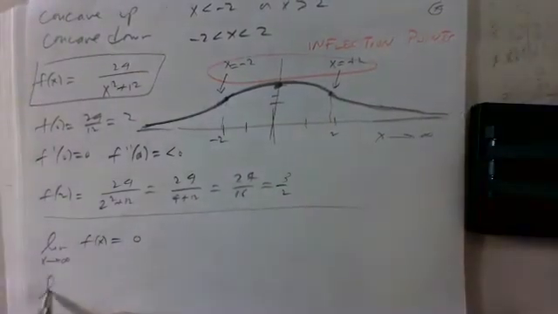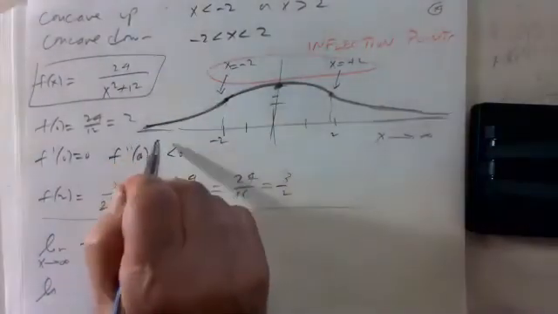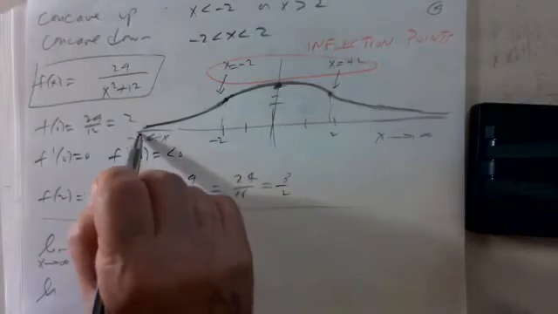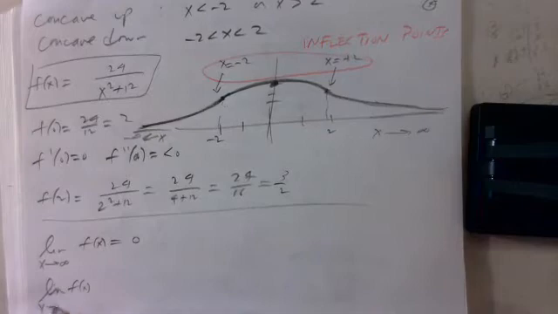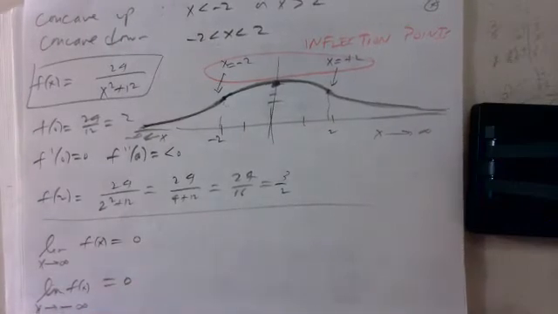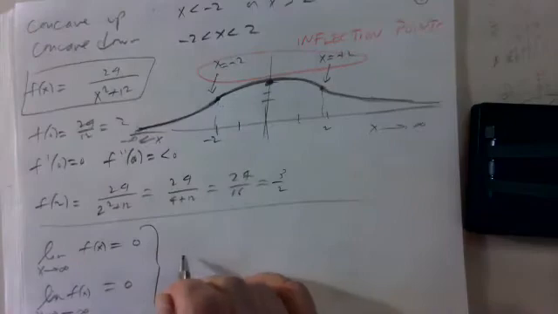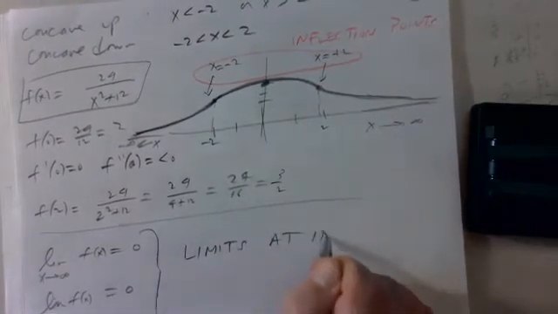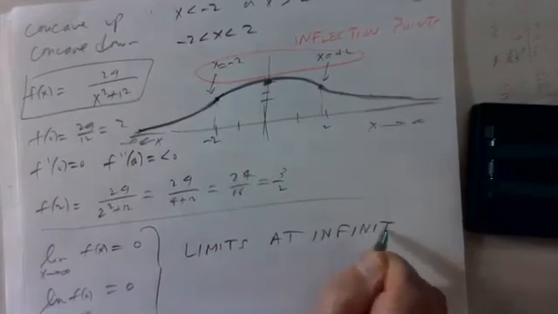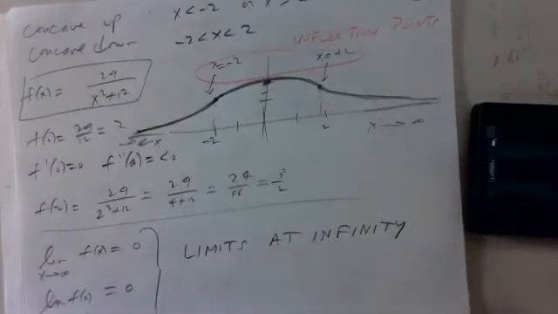And similarly, as you go to -infinity, the limit of f of x as x goes to -infinity is also equal to 0. So these are examples of what we mean by limits at infinity.